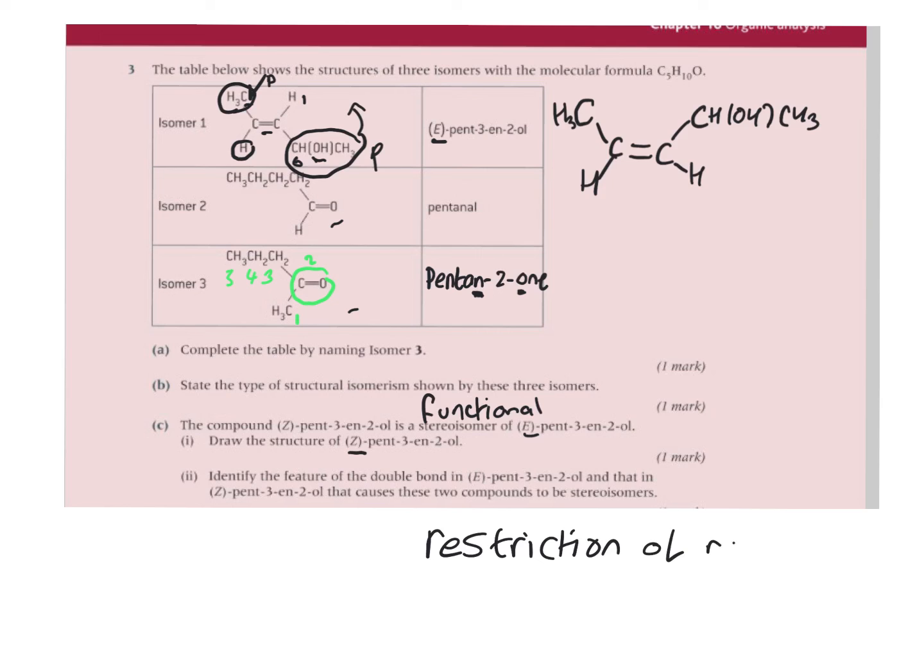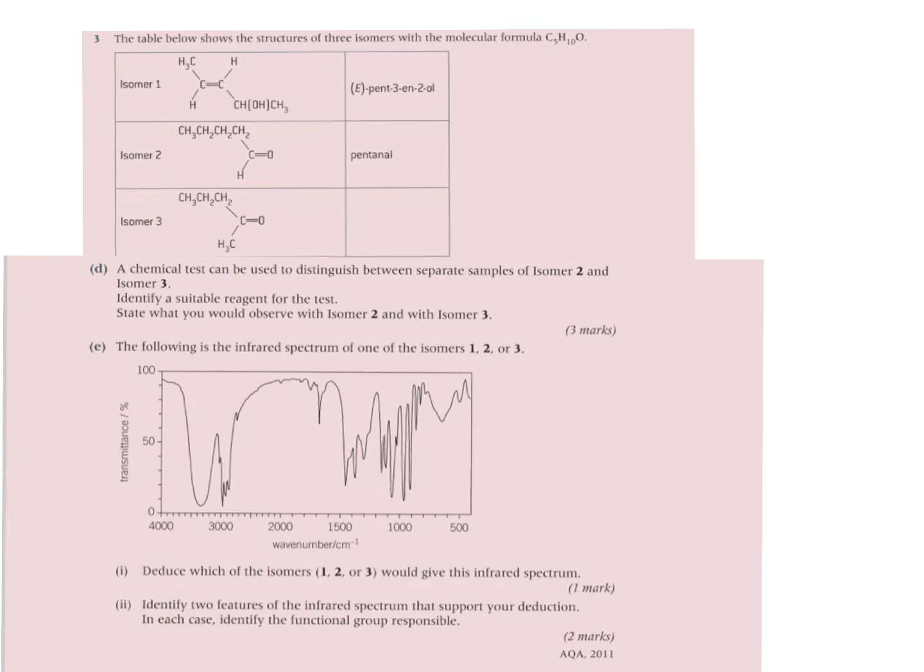So let's now move on to the next part of the question. The next part of the question asks about chemical tests. If we just look at the functional groups in each of these, we can see that pent-3-en-2-ol contains a secondary alcohol, and it also contains an alkene, a double bond here.